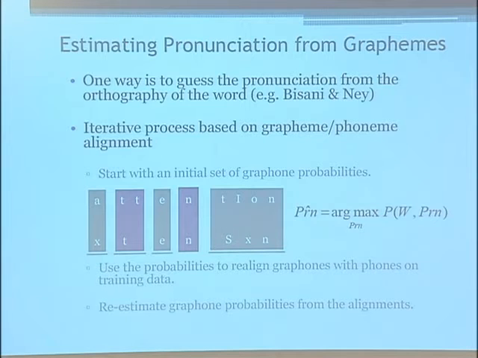And one possibility was to tie up the grapheme to phoneme generator with the lexicon selection. So G2P or grapheme to phoneme is a way of guessing the pronunciation given only the orthography of the word.